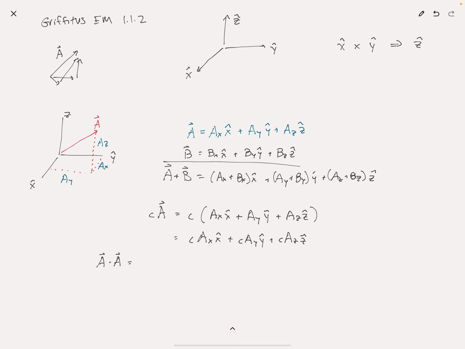So this becomes AX squared plus AY squared plus AZ squared. I'm multiplying the x component of each of these vectors and adding it to the y component of each of the vectors and adding it to the product of the z component of each vector.